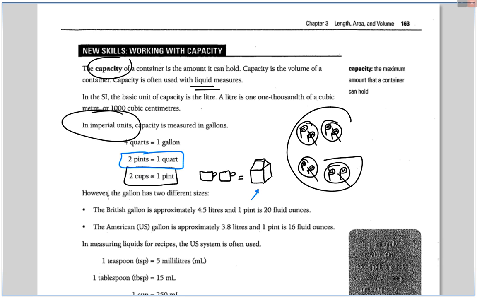So if I could copy and paste, that would be sweet. I don't think I can. Okay, so now I need 2 of these, 2 of those little mini cartons. And that's going to equal the taller but skinny milk carton.